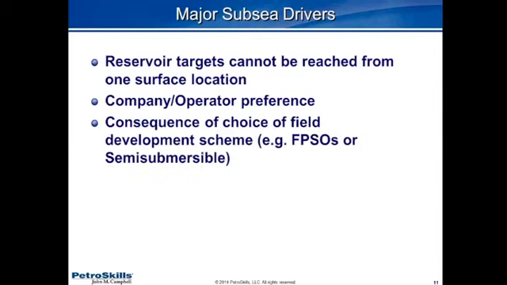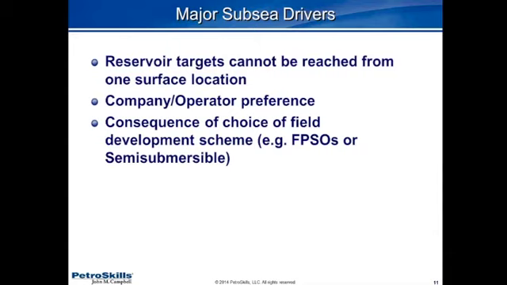Use of subsea systems for development is also influenced by the choices that might be driven for the host system itself. A floating production storage and offloading system, an FPSO, is frequently very attractive in remote regions where oil will be directly exported, and the FPSO can only support satellite wells.